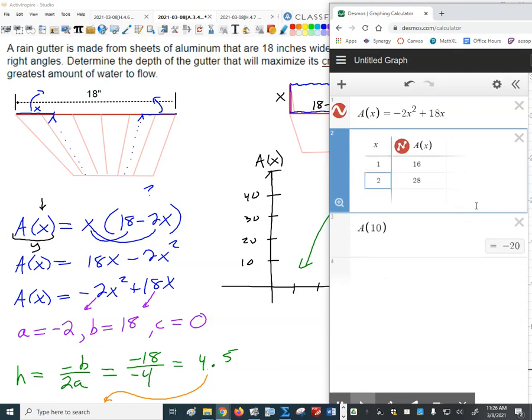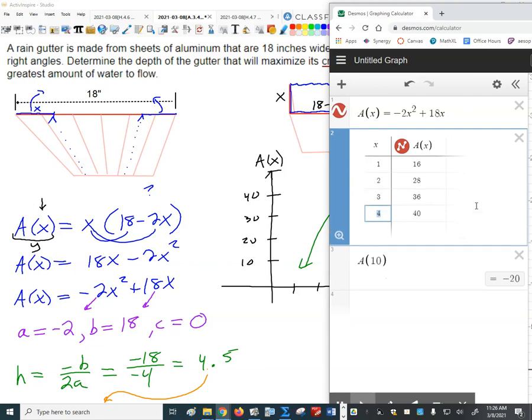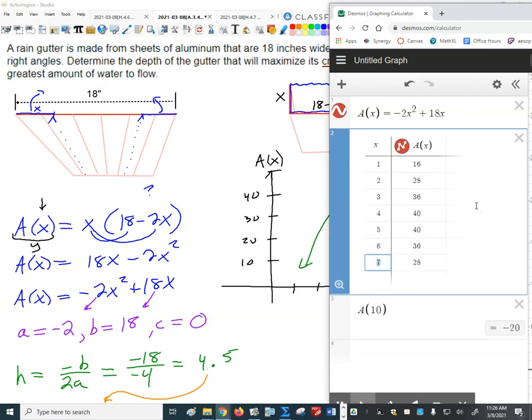So look, I could make my table and I could, oh, look what happened. When I make my table, I didn't get a single value that gave me a maximum, right? And how do I know that every time that my maximum is going to work out to be something convenient? It might be some bizarre decimal that I'm not going to find using my table, right?